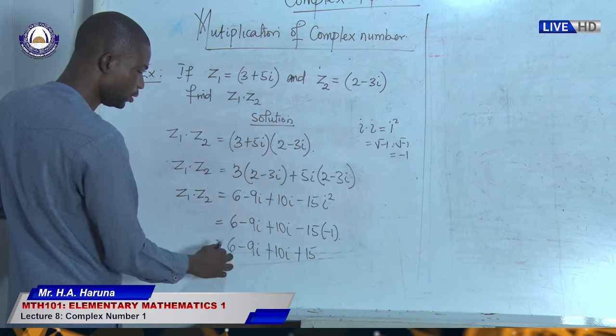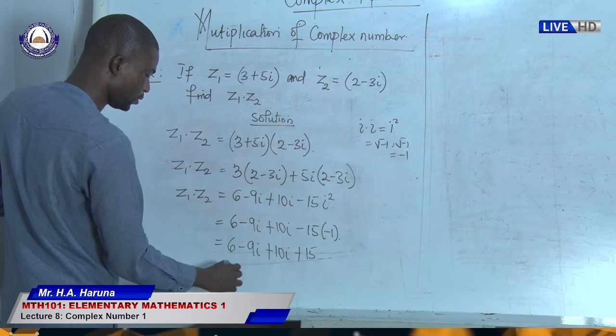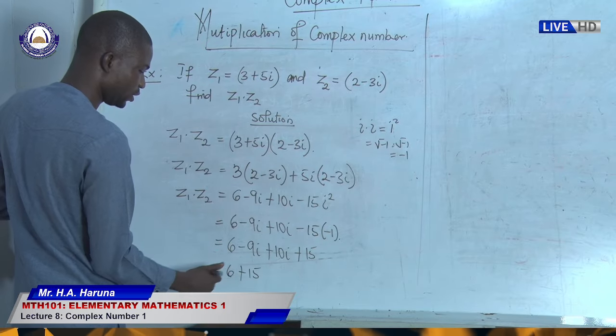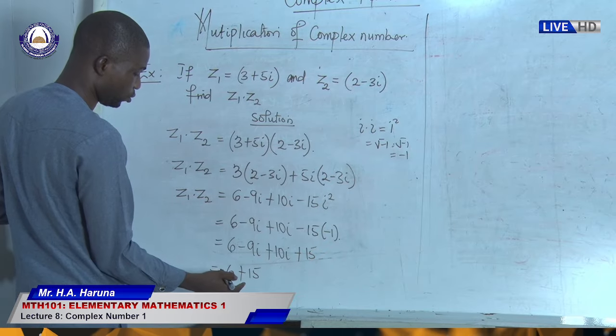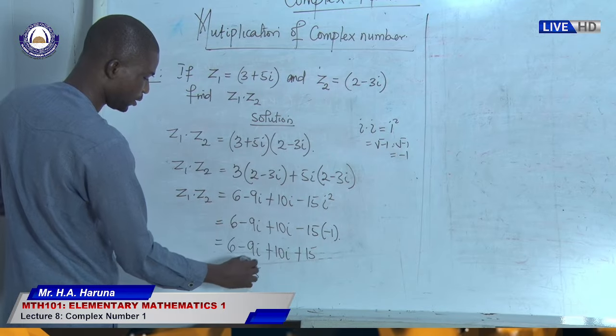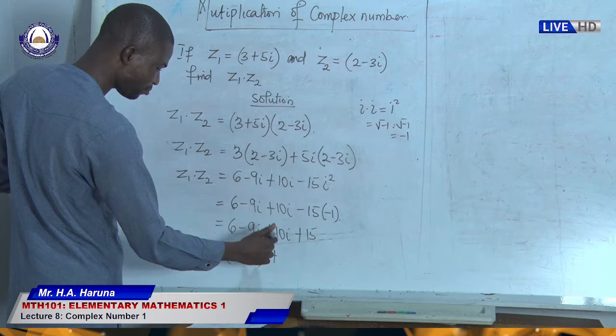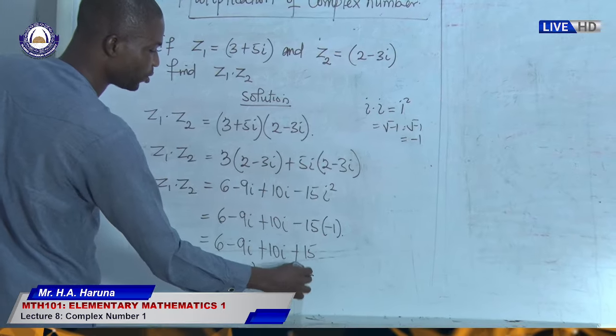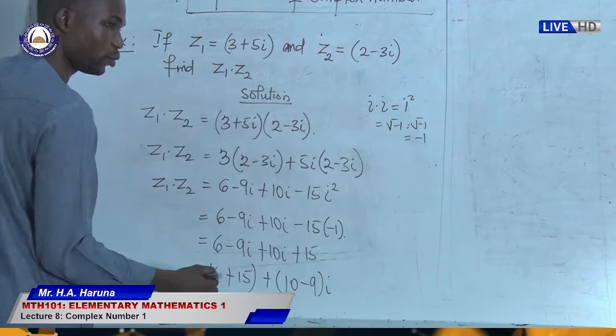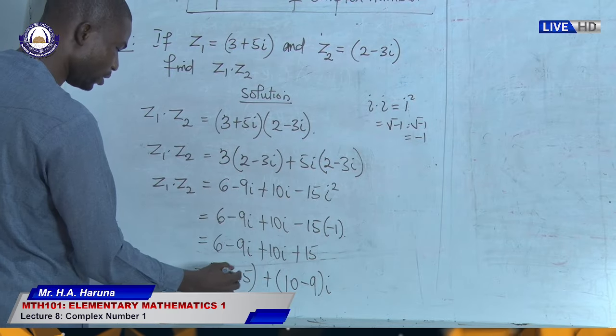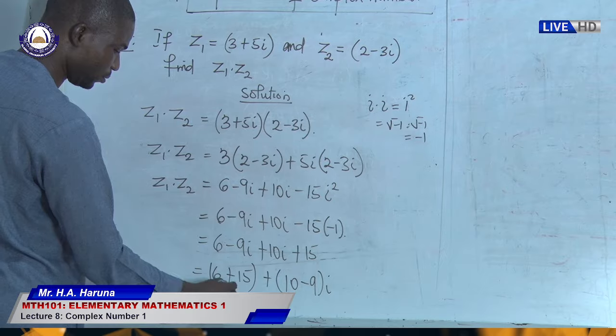Now, the real parts should come together, 6 plus 15. Then the imaginary parts should also go together. The real parts are positive, so you can say plus 10 minus 9i, because that's actually what's in it. So 6 plus 15 gives me 21.